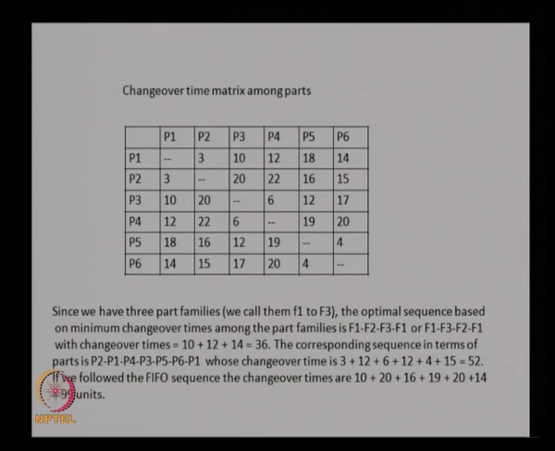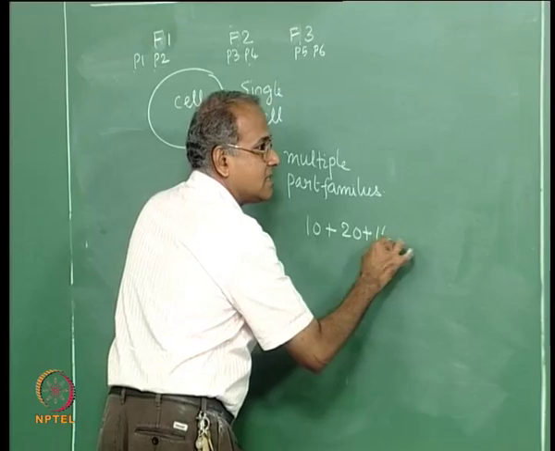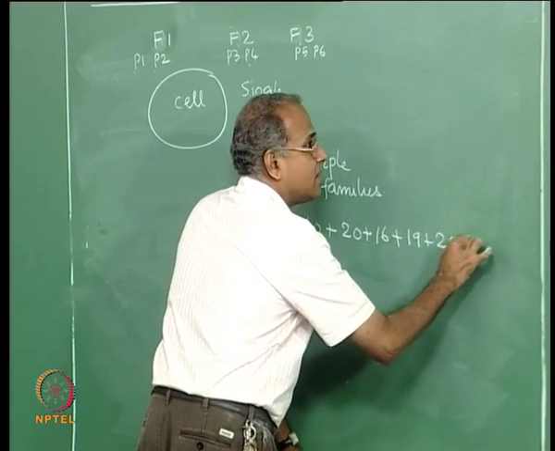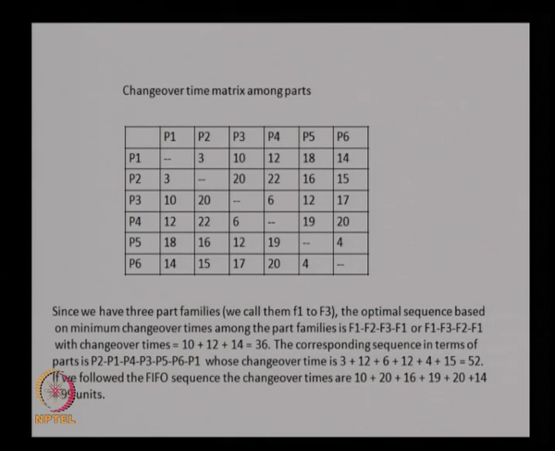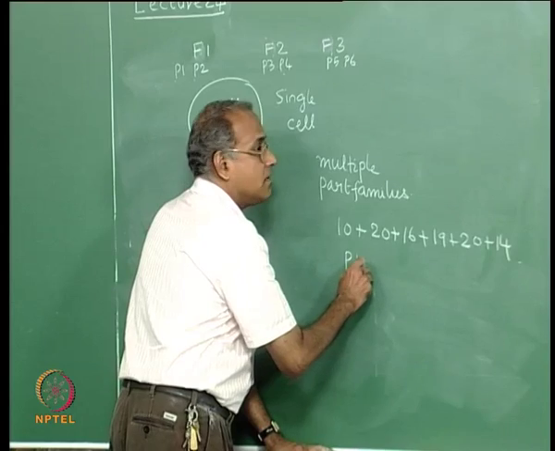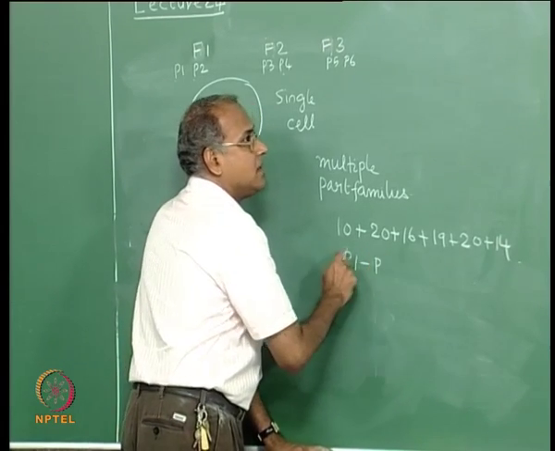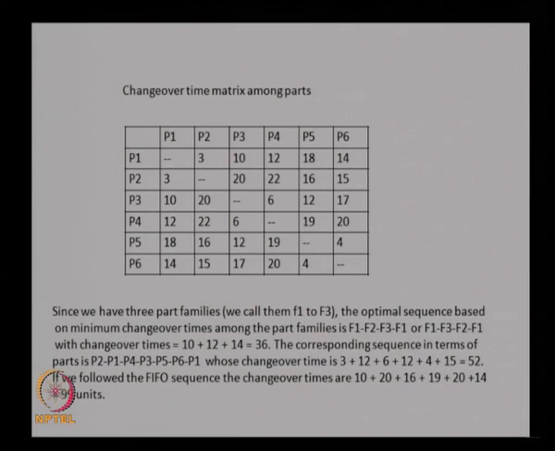So if we had a FIFO sequence, which is first in first out, let us say the parts have arrived in this order: P1, P2, P5, P4, P6, P1.